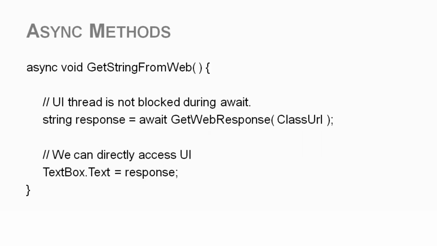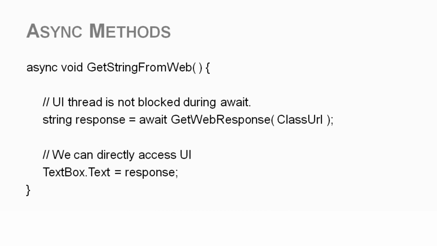I simply have, again, an asynchronous method, GetStringFromWeb, and string response is equal to, again, await GetWebResponse, passing in some sort of URL. And I can get that as a string object, and I can directly access the UI. If I was using the old-fashioned thread way of doing it, even if I had a callback from the thread or an event delegate from the thread, I would have to be able to get back to the user interface thread from that secondary thread.